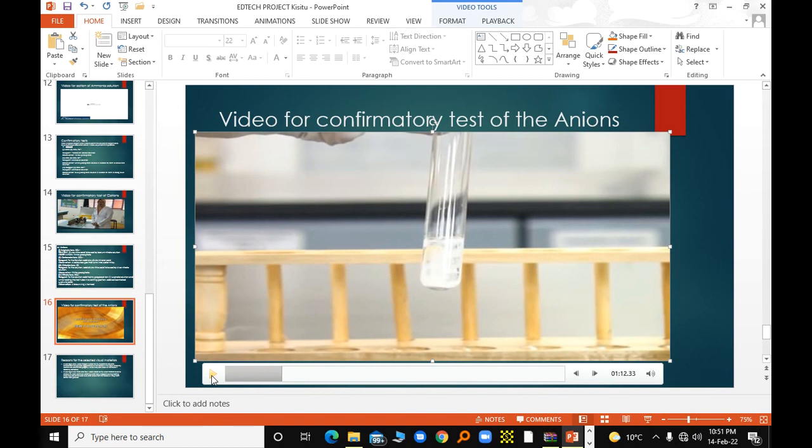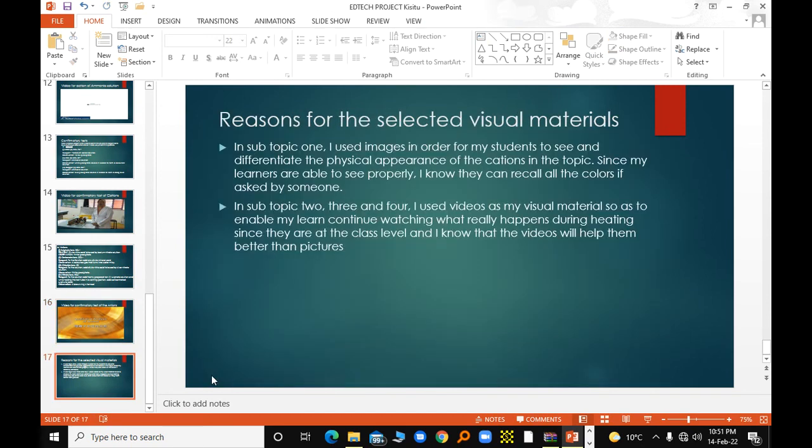So that has marked the end of our topic with the videos. Now, these are the reasons for why I selected those visual materials. In subtopic 1, I used images so that my students could see and differentiate the physical appearance of the cations in the topic.